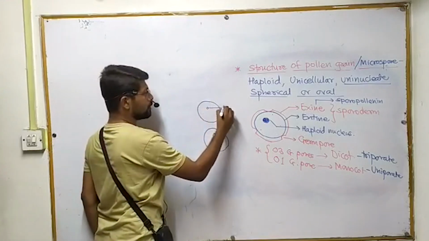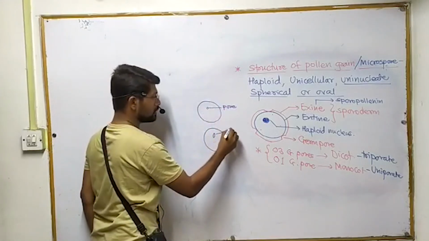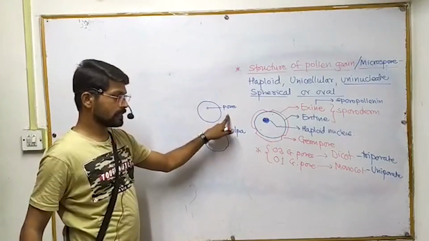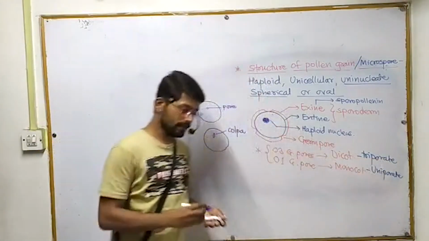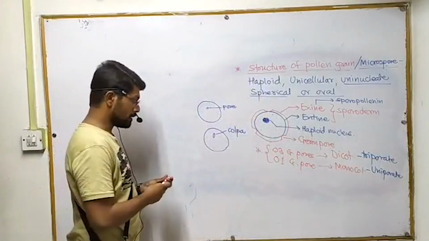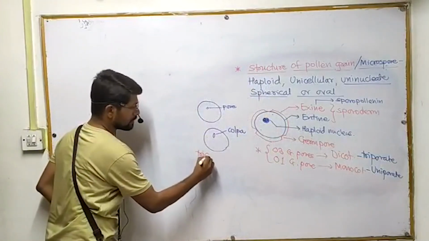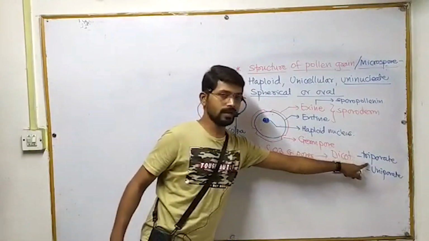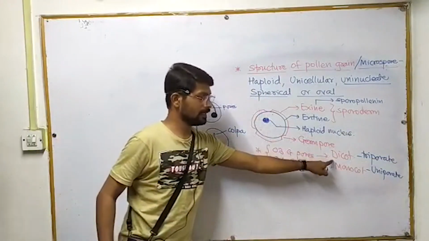Now this is called a pore and this is called a colpa. So when pores are present, it is called triporate, and when colpa is present, it is called tricolpate. So tricolpate or triporate, both are characteristically seen in dicots.